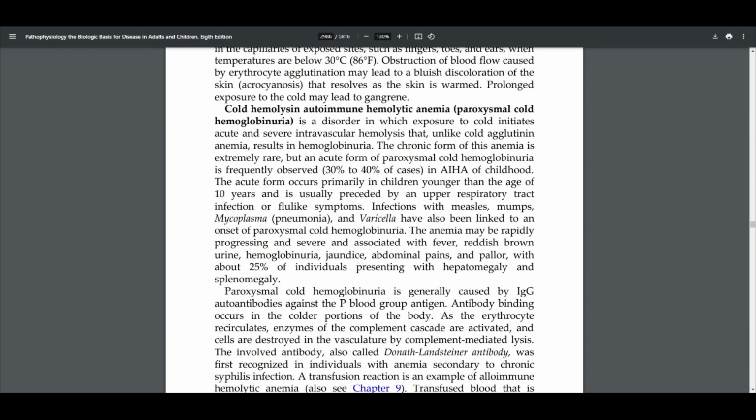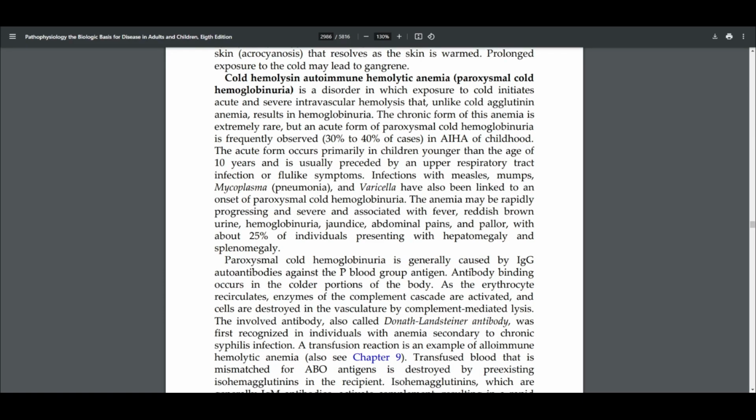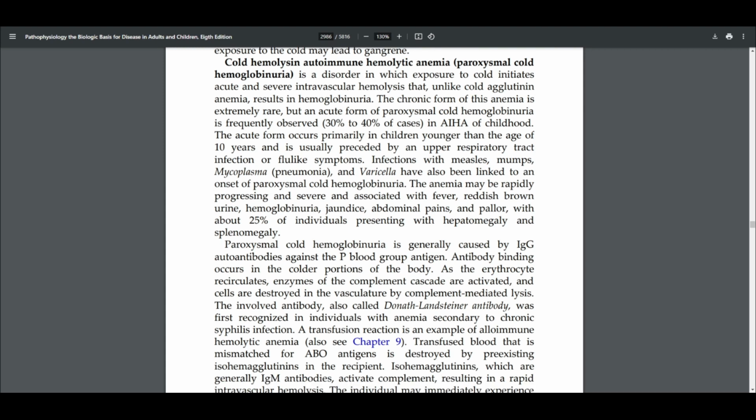Cold hemolysin autoimmune hemolytic anemia is a disorder in which exposure to cold initiates acute and severe intravascular hemolysis that, unlike cold agglutinin anemia, results in hemoglobinuria. The chronic form of this anemia is extremely rare, but an acute form, paroxysmal cold hemoglobinuria, is frequently observed in AIHA of childhood.